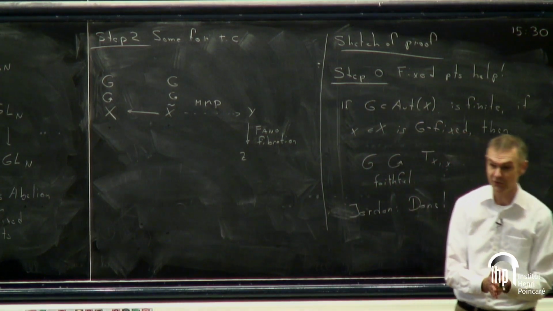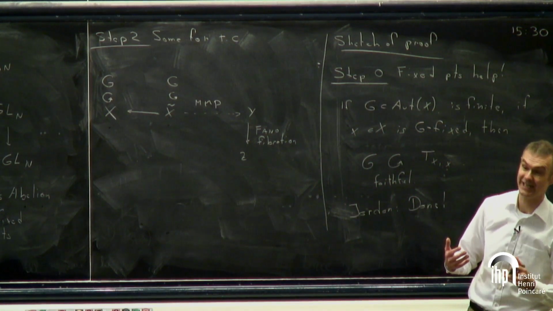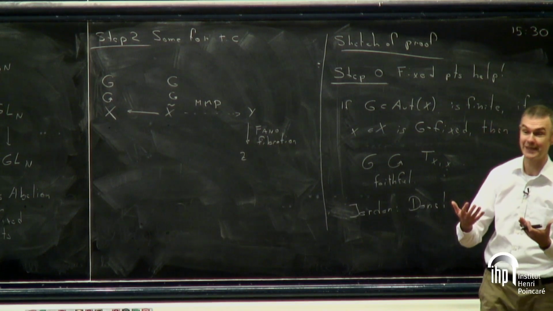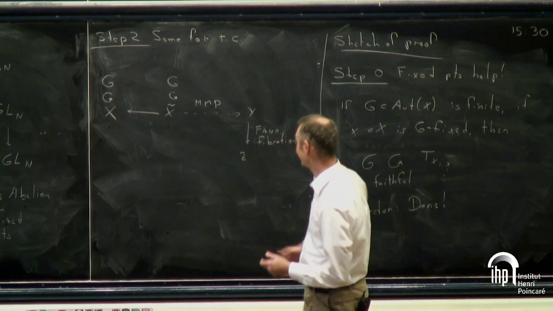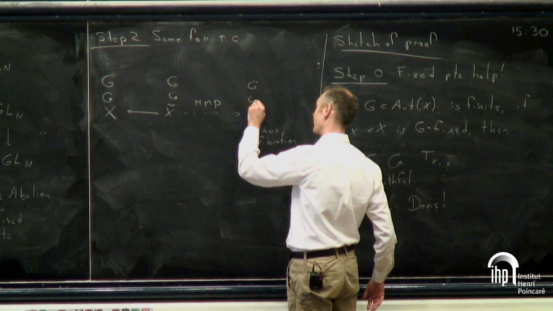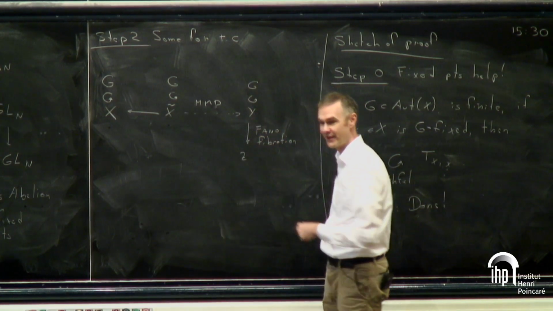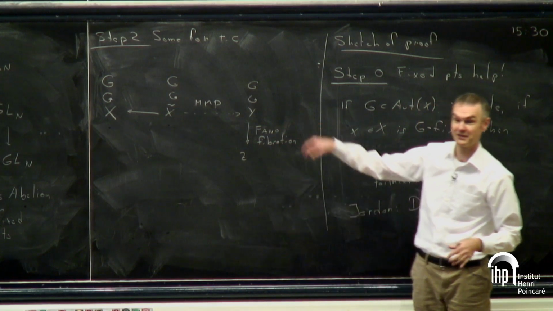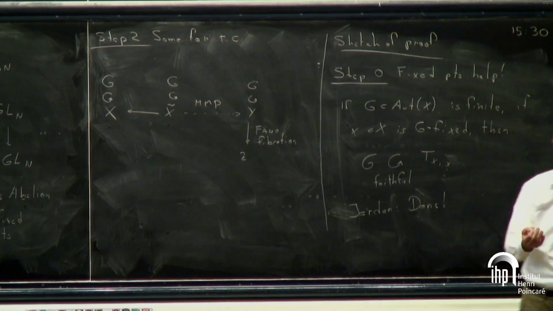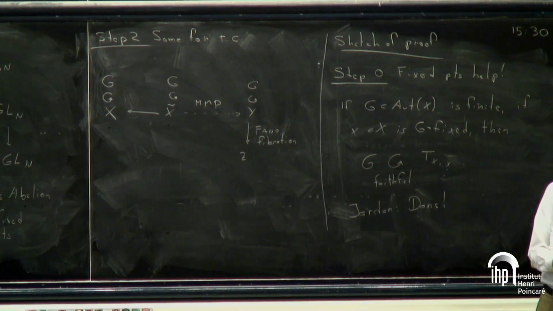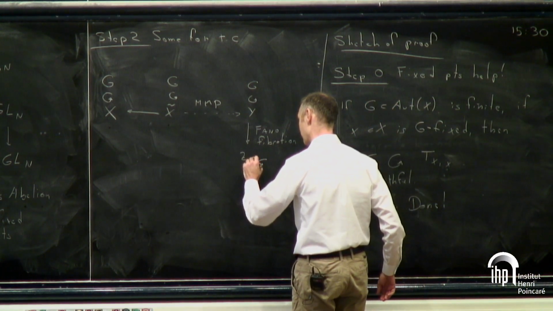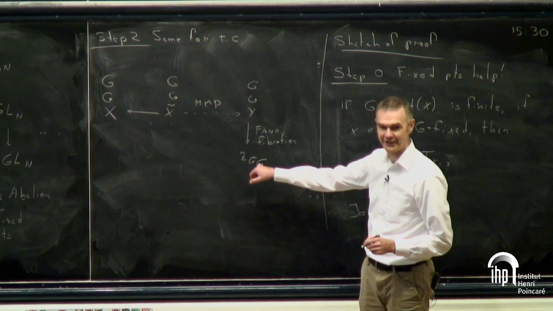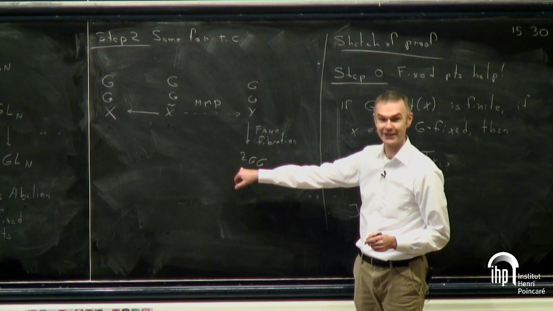Prokhorov and Shramov do this, and by understanding the individual steps of the minimal model program in all detail, they realize that not only do I have a G action here, but it suffices to find fixed points here. Aha, but now we have a fiber space. Oh, this is also G-equivariant. This is part of the minimal model program. Very good. This will have lower dimensions, so I can apply induction.